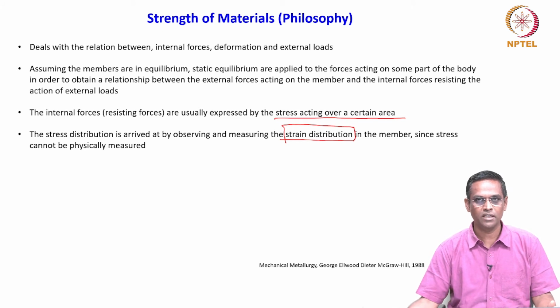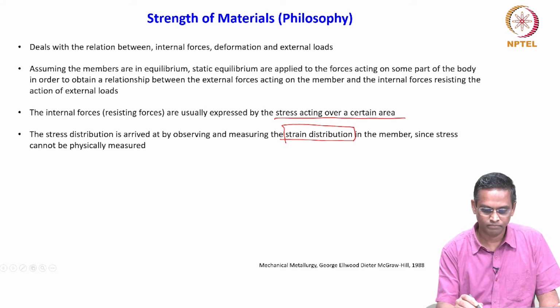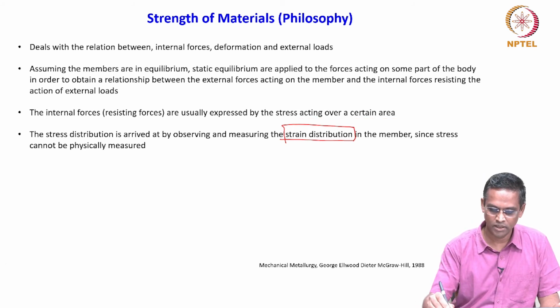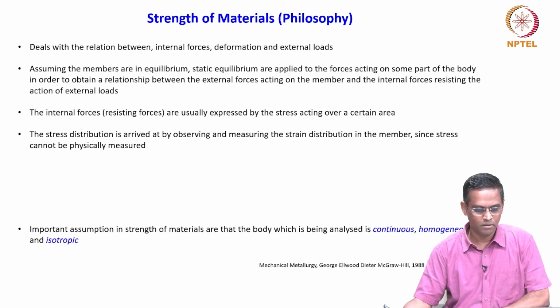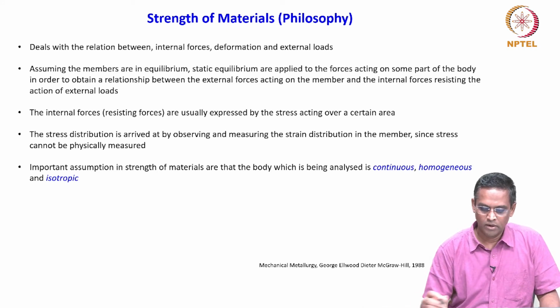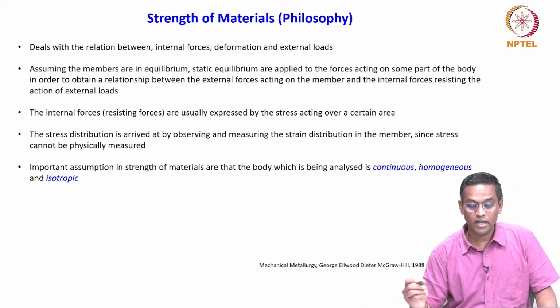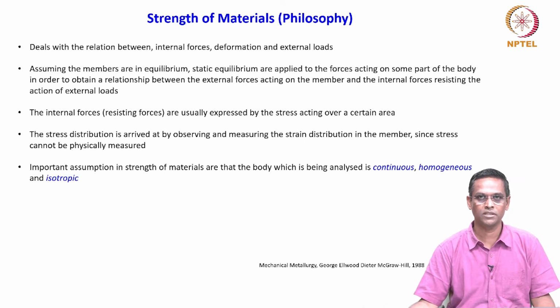Stress cannot be physically measured. So we are looking for a strain distribution, and we will measure the strain distribution by what? We will look at how we are going to measure the strain through some displacements, right? How from the displacement we will be able to measure the strain experimentally, that we can see.